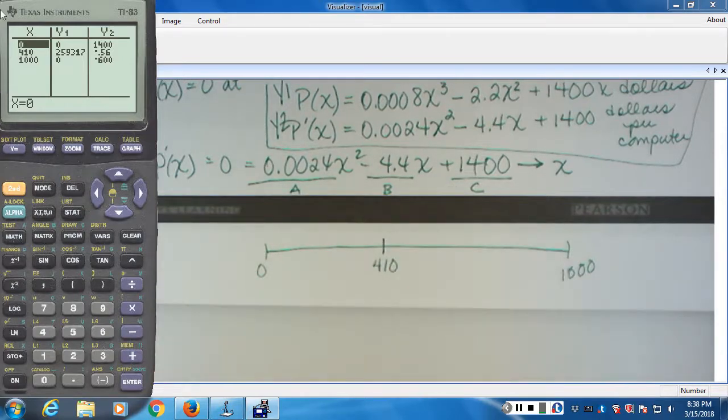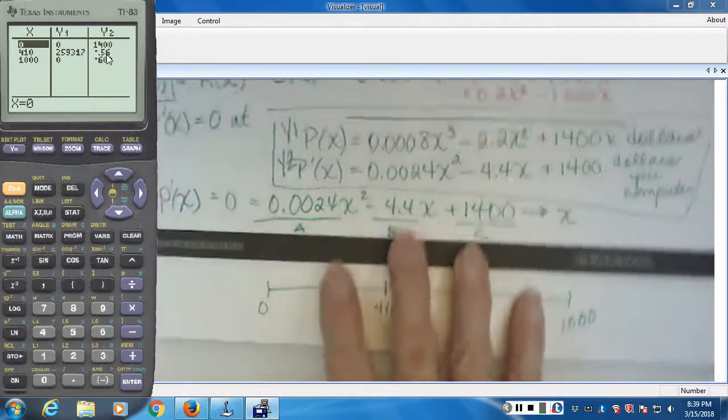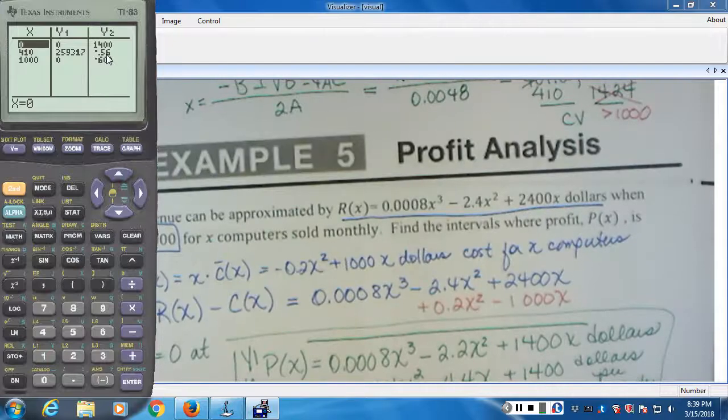It shouldn't be a big shock that at $410 the value of the derivative is negative 0.56, because remember, I rounded that off. If I go up here and try to put in some more of those decimals, it might actually get it closer to 0.